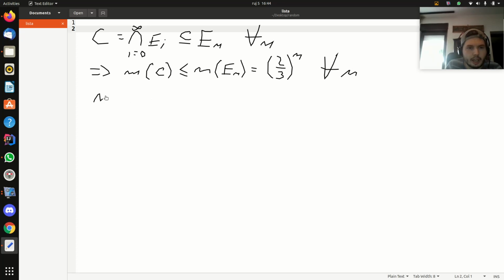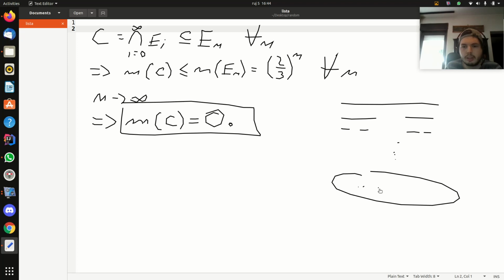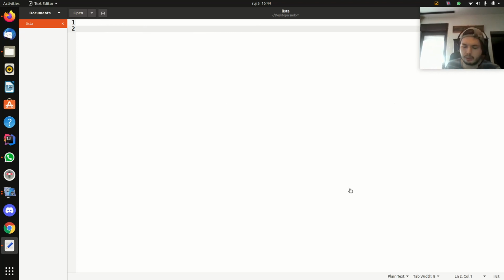And now, taking n to infinity gives us that the measure of the Cantor set is 0. Okay, so this limit of just a sprinkling of points is going to have measure 0. Okay, and now all that is left to do is show that this set is uncountable.